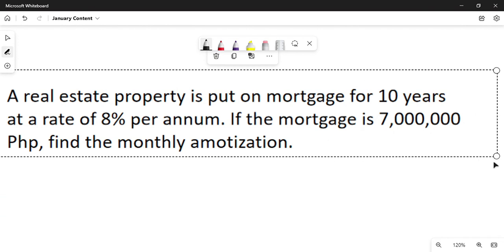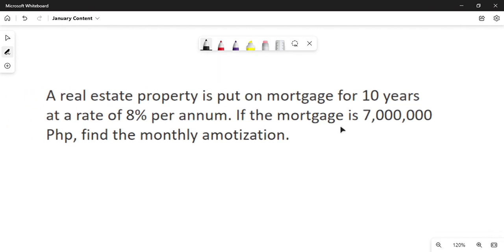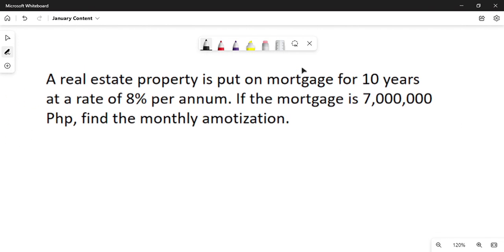So here is the problem. A real estate property is put on mortgage for 10 years, at a rate of 8% per annum. If the mortgage is 7 million pesos, find the monthly amortization. So the formula you should be using is this one.